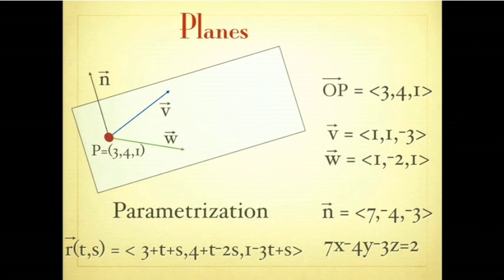It's 3, 4, 1. That's the initial point, right? And then you have a t here, that's 1, 1, minus 3, that's one vector, which is inside the plane, and you have another vector, 1, minus 2, 1, which is here. So that's how this parametrization has been built, using the initial point and the two vectors inside the plane.